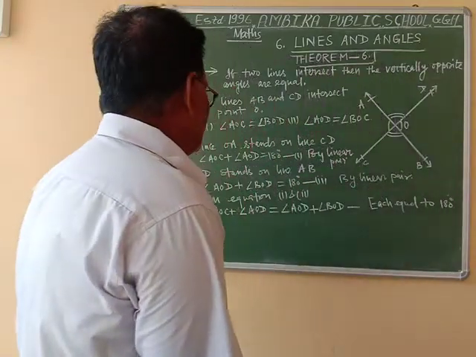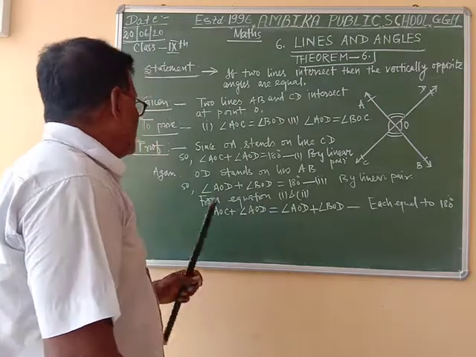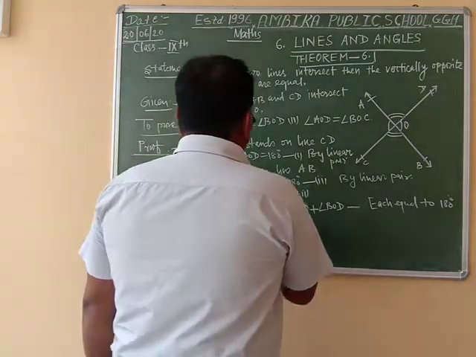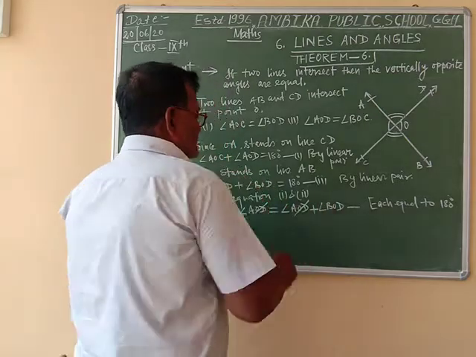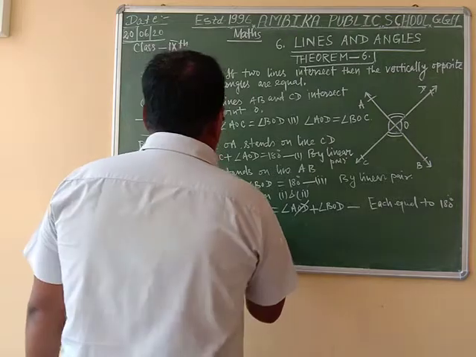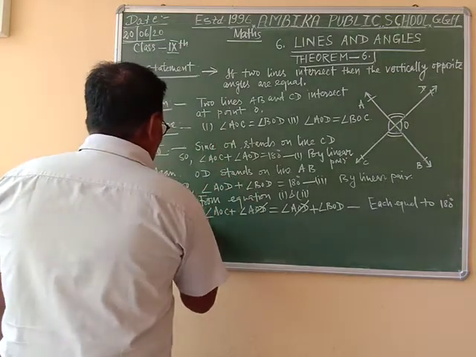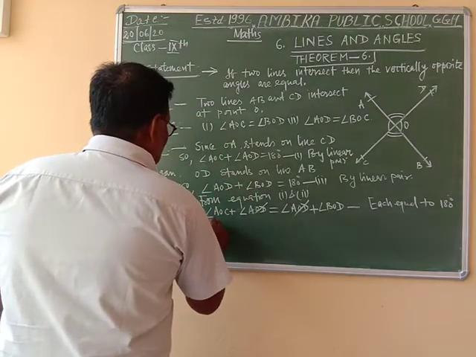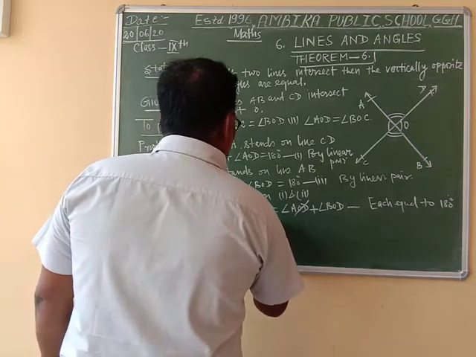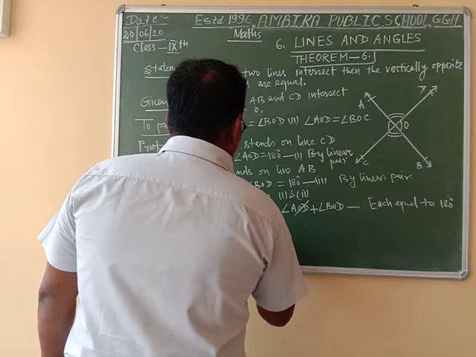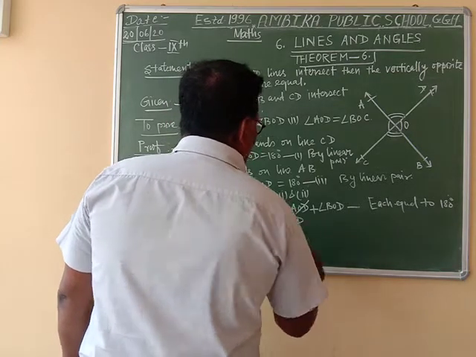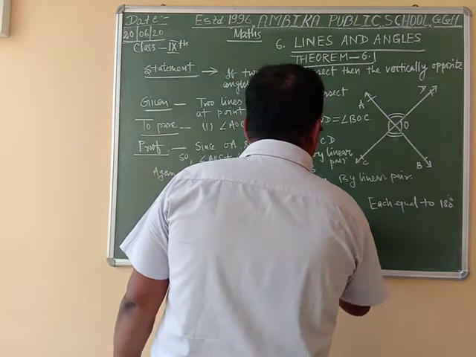So from equation 1 and 2, both equations are equal: AOC plus AOD is equal to AOD plus BOD. Here AOD is common, so we cancel angle AOD, and therefore angle AOC is equal to angle BOD. First part proved.